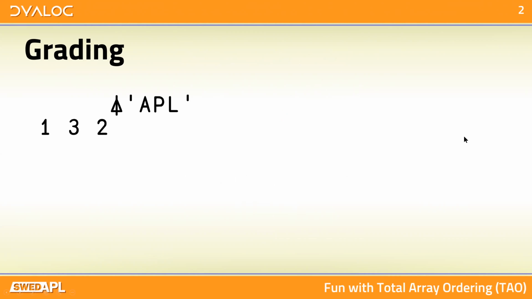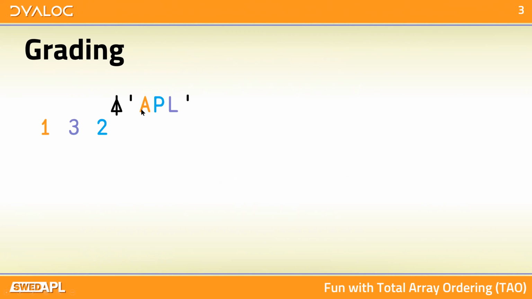Okay, so since the beginning of APL, we have had grade, which can tell you the order things would have to be put in to be sorted. And it works on simple character and numeric data. So it doesn't sort by itself, but it tells you the positions.